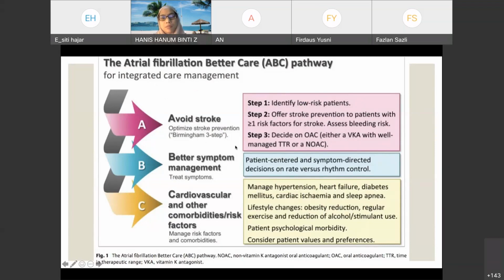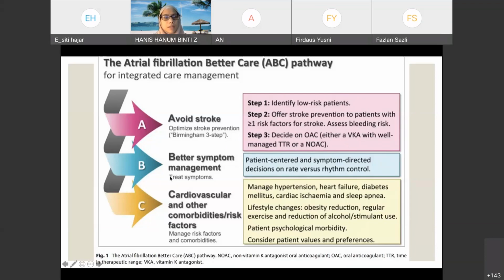There is a Birmingham 3-step way. First you identify low risk patients. Then you offer stroke prevention to patients with more than one risk factor of stroke. Then you assess their bleeding risk. And then step 3, you decide on the oral anticoagulation therapy, either with a VKA with a well-managed time in therapeutic range, or a NOAC.